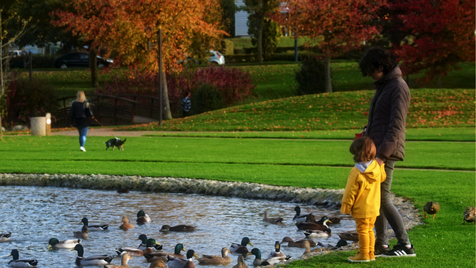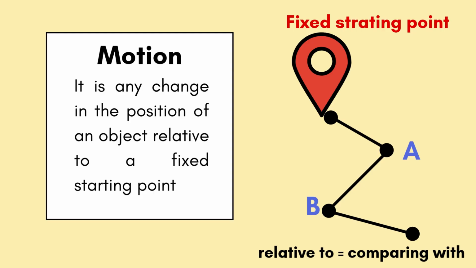So we can compare the change of her position to the fixed point, which is the lake, or another example, the tree. Okay, so we can define now motion. It is any change in the position of an object relative to a fixed starting point.